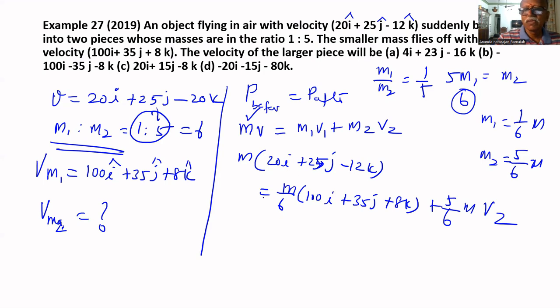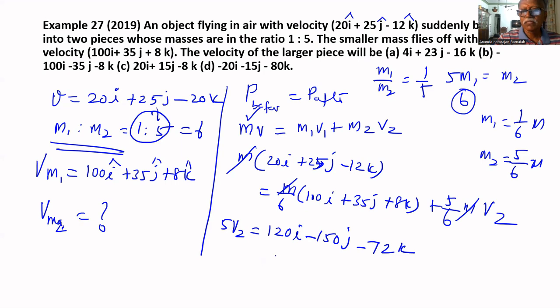We multiply both sides by 6 and cancel M. You will get 5 times V2 equal to, multiplying this by 6, 120I minus 150J minus 72K.